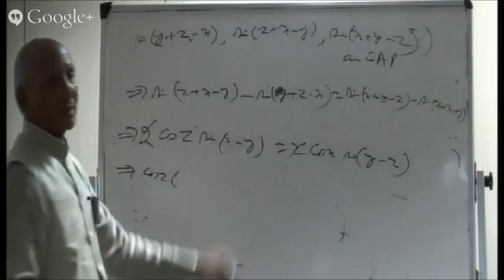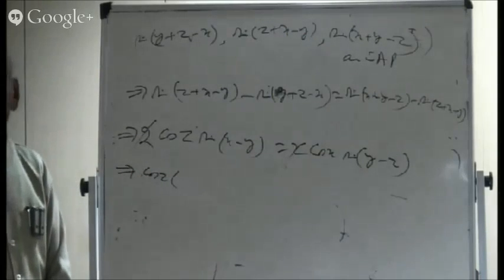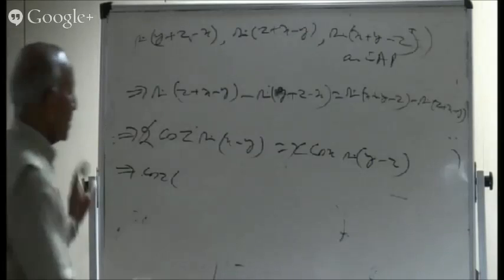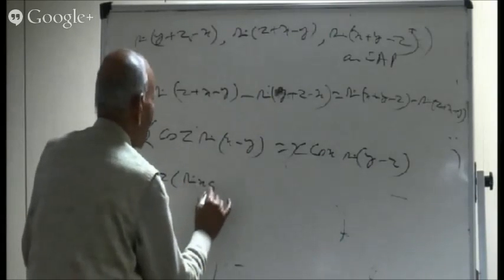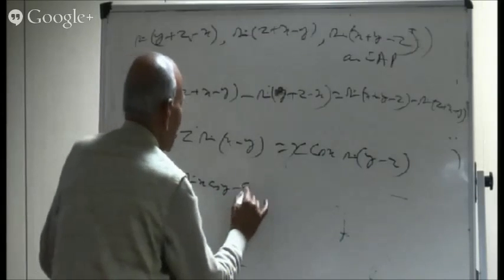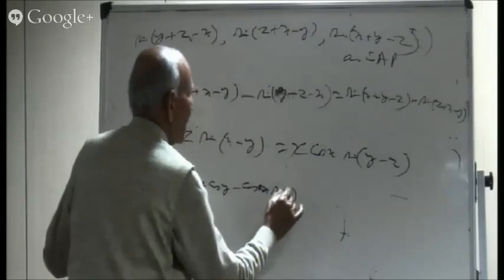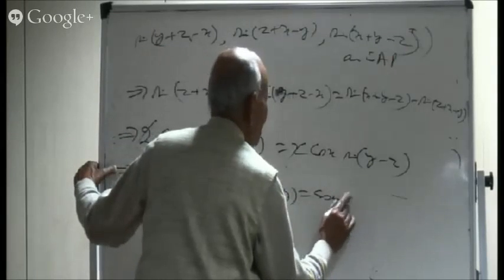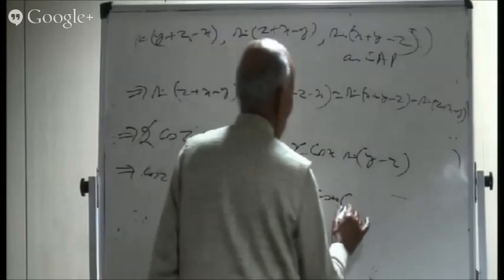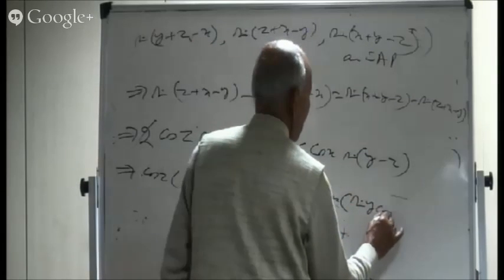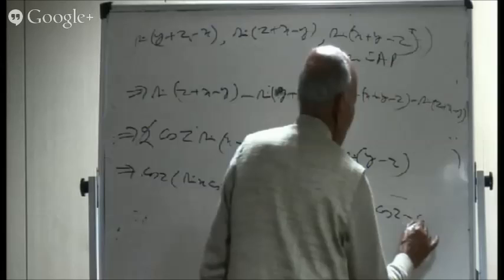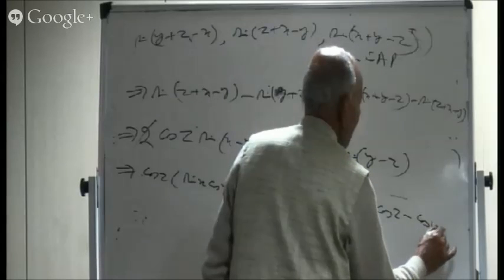Now here is sine x minus sine y. What is the formula for this? Yes, sin x cos y minus cos x sin y. On the other side, here it is cos x into sin y cos z minus cos y sin z.